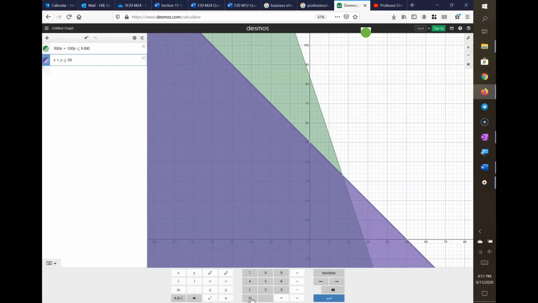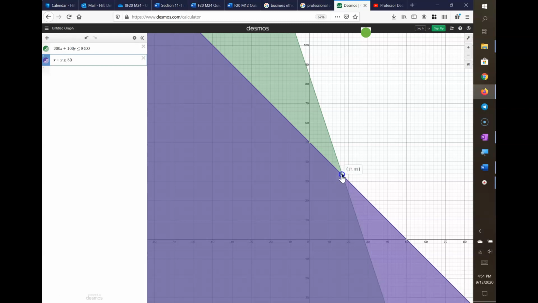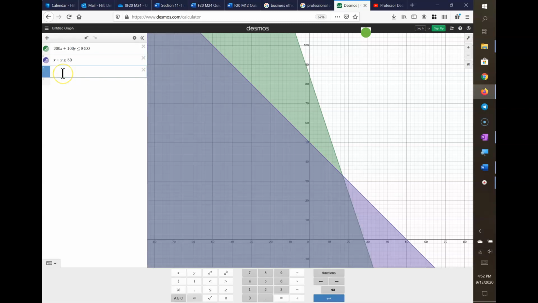Okay, so then with Desmos, if you touch or mouse click on the point of intersection, it will give you that result. You'll need to show me the algebra for finding it, but you can use Desmos to double check. And then we had two more inequalities because we wanted x to be at least 20.